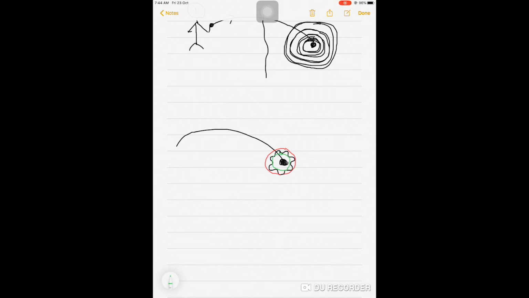So these red particles and these green particles are individually in the same phase. That means all particles which are experiencing these crests are in the same phase.